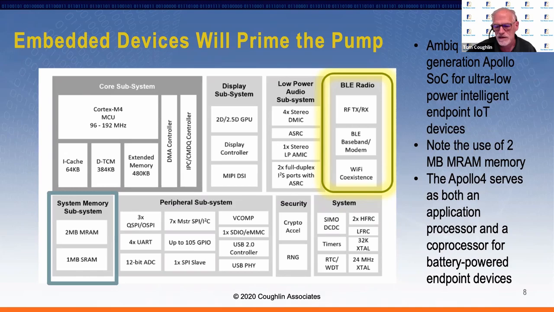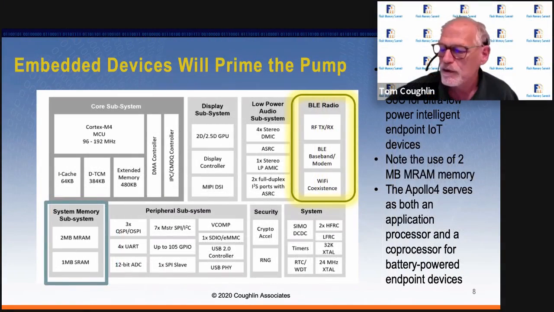One of TSMC's customers, Ambiq, is developing chips that will enable the next generation of battery-powered, always-on voice recognition IoT endpoint devices. The company's fourth generation Apollo SoC family sets new standards for low-power, intelligent endpoint IoT devices. This chip is implemented with TSMC's 22 nanometer process.